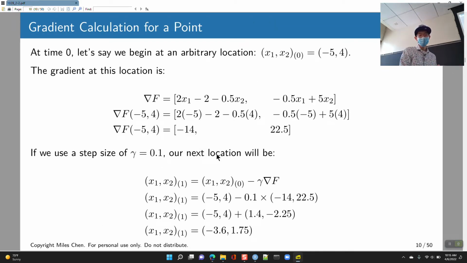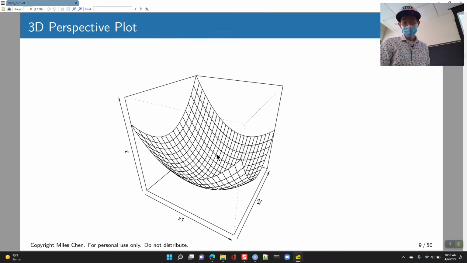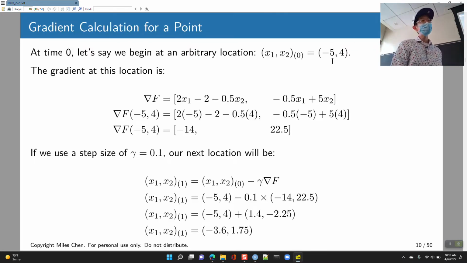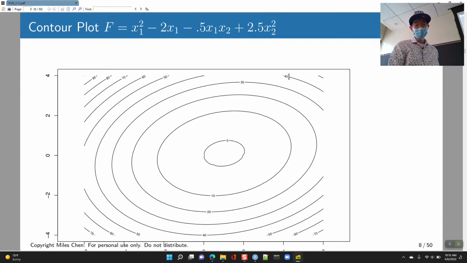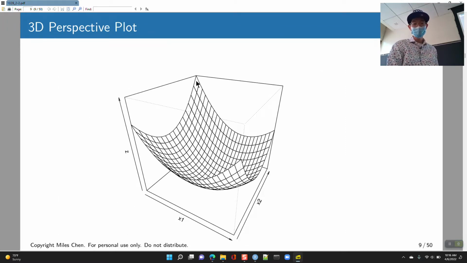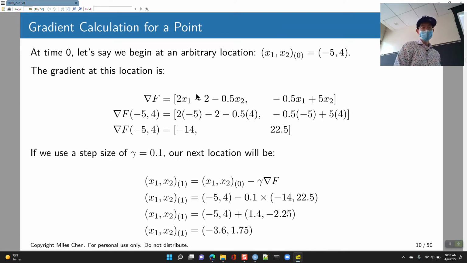Okay, so what we're going to do is start off at some arbitrary location, -5, 4. It doesn't matter, but we're going to start off at -5, 4. I think we're up here, in this top corner, and we want to get down into this thing. So we're going to do gradient descent.